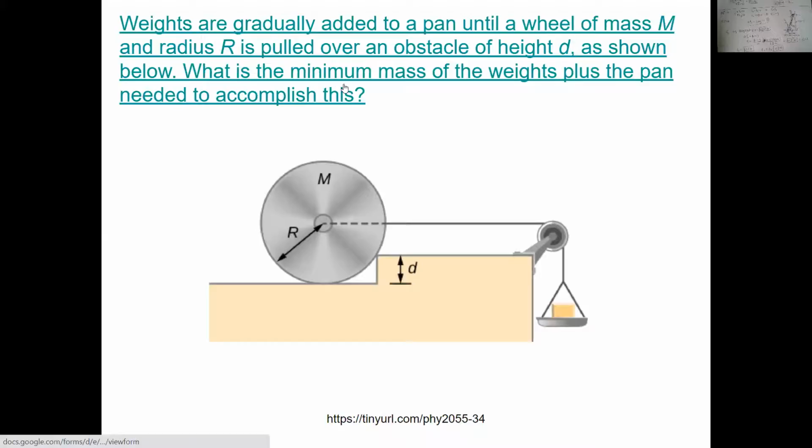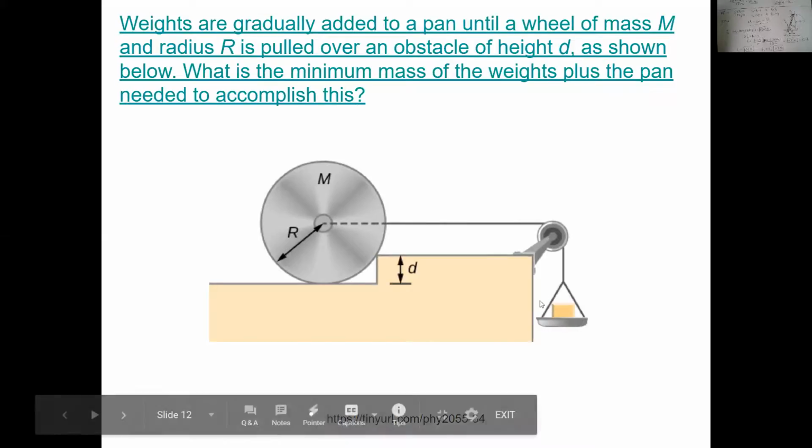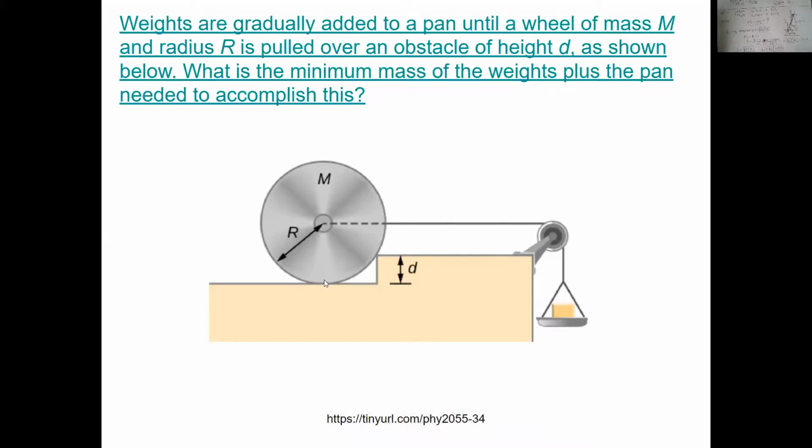What's the minimum mass of weights plus the pan needed to accomplish this? The wheel's mass is capital M, the radius r is given, and d is given. What would be the pan and the weights' mass together so that the wheel just starts to move?